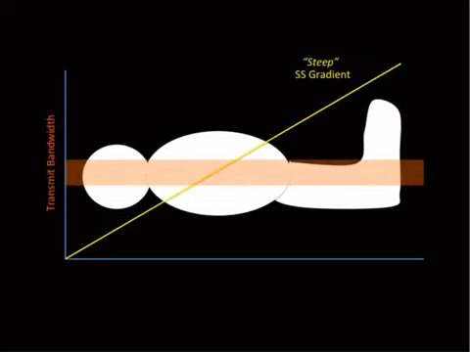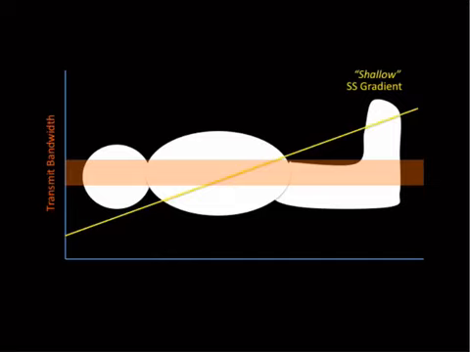As the points intersect here to here, as it crosses that line, that is your slice thickness. Now let's see what happens when we change this slice-select gradient from steep to shallow, keeping the transmit bandwidth the same. Okay, now it's all the way out to here, so it's got thicker, right?